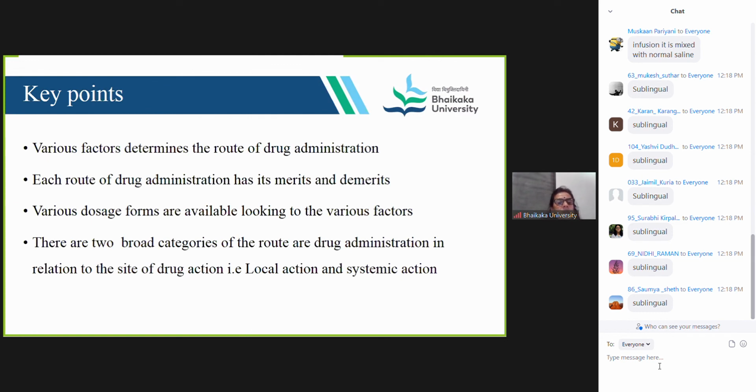So I would say here that I have completed the first three competencies and the last competency, that is 1.11, in detail about the routes. So what are the key points you all have to remember for the route of drug administration? There are various factors which determine the route of drug administration. Then each route of drug administration and its merits and demerits, which I have discussed.